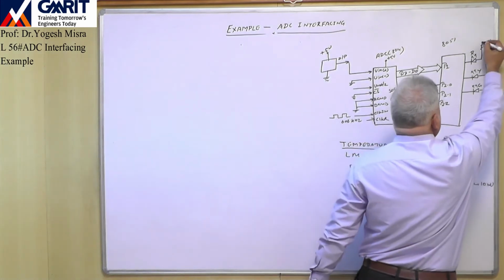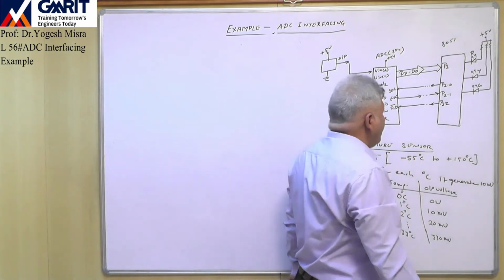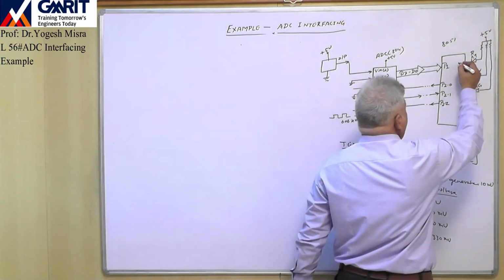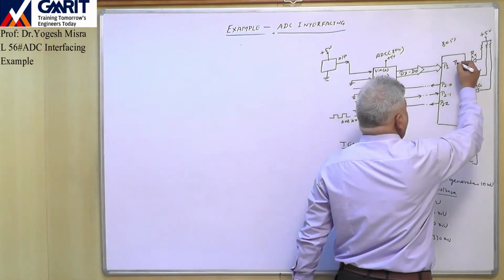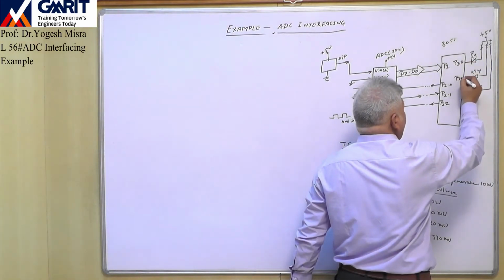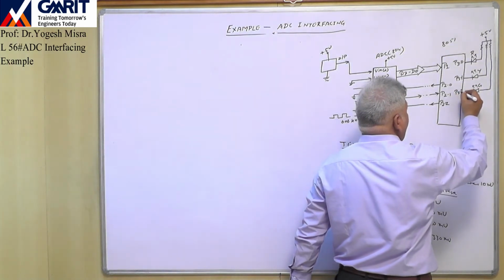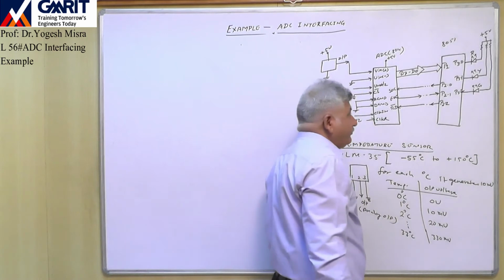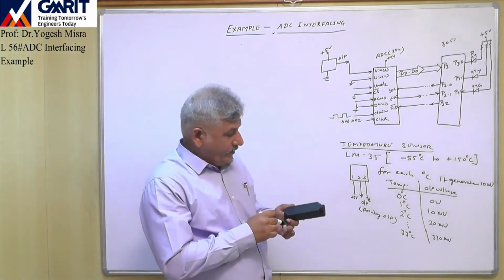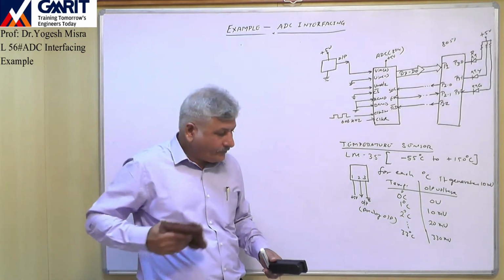There are 3 LEDs. Here we have connected plus 5 volt. The red LED we have connected at port 3, pin number 0, yellow at port 3, pin number 1, and green at port 3, pin number 2. In this way we have made the connections.